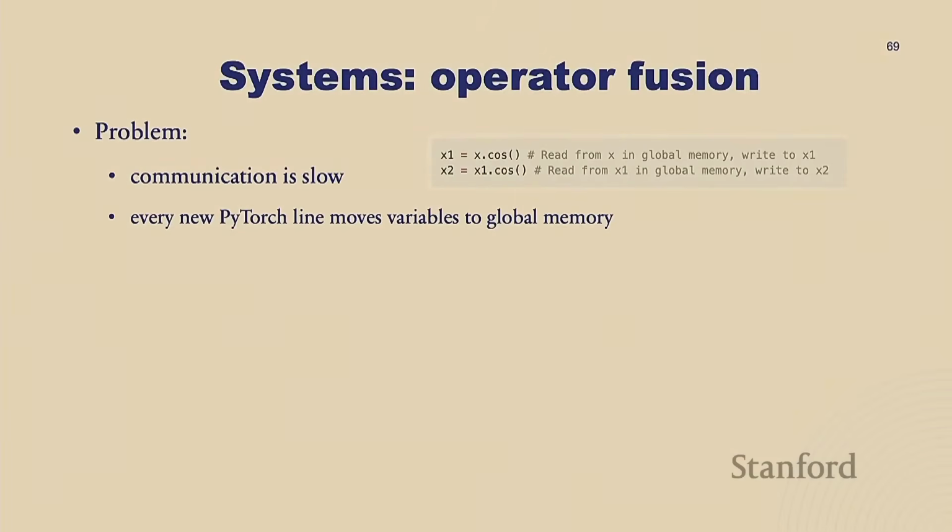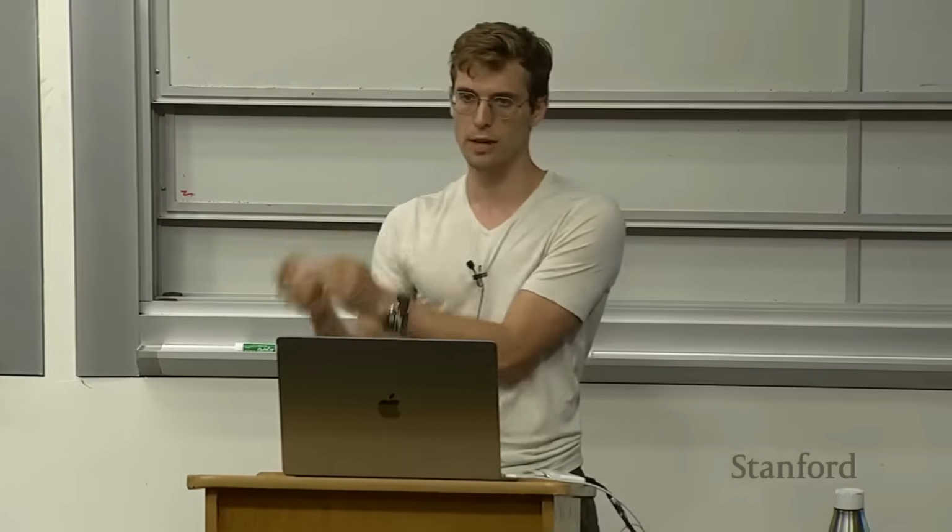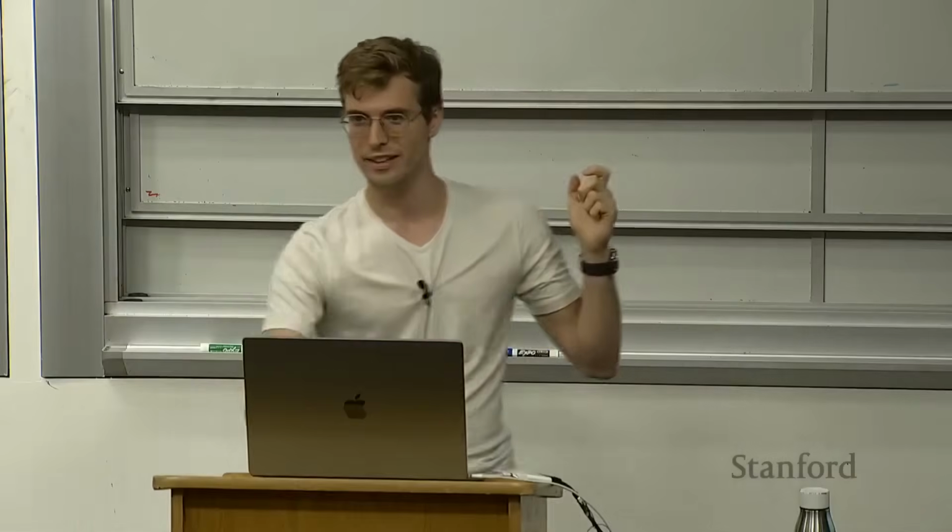x1 = x.cosine(), and then you do x2 = x1.cosine(), what is happening behind the scenes is that you take the x, which is data, you ship it to the actual processors of your GPU, you apply the cosine, you ship it back to the main memory of your GPU, and then you see the next line, you ship it back to the GPU processor, you apply another cosine, and you ship it back again.